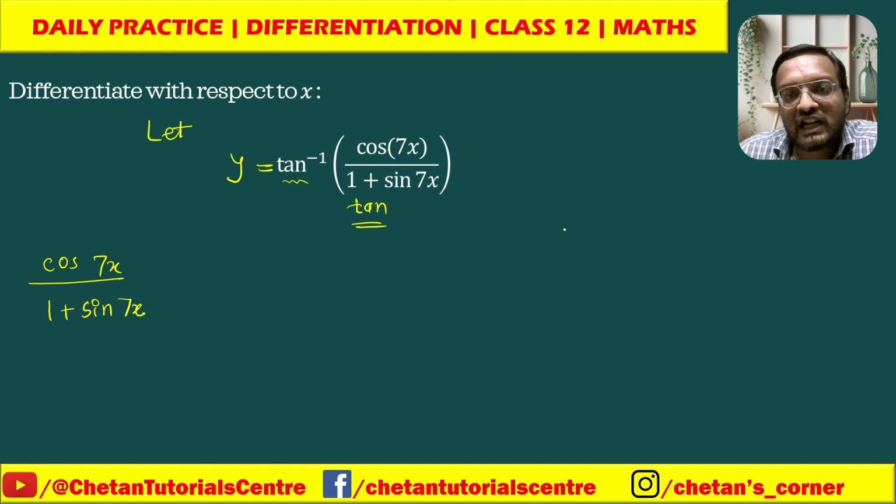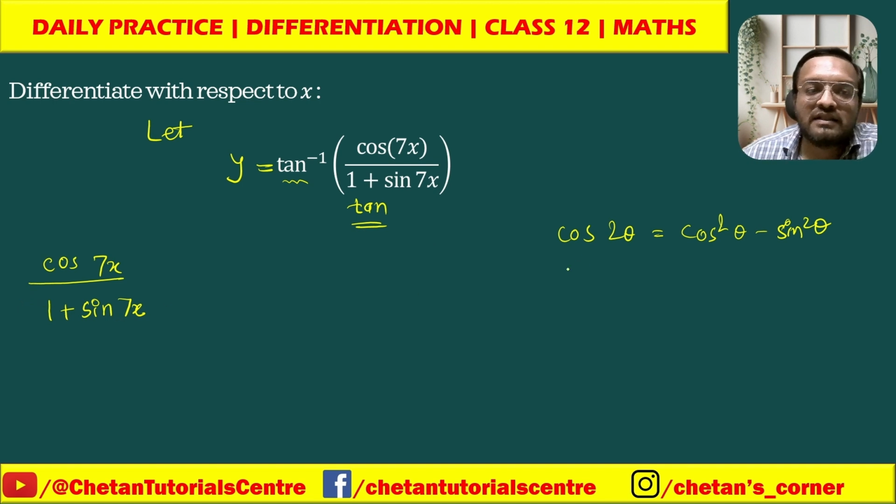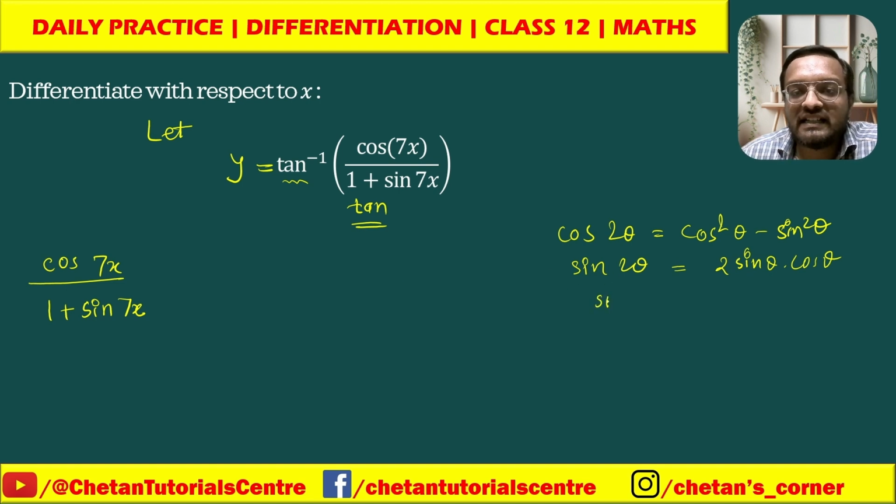Then I will use the formula cos 2 theta is equal to cos square theta minus sin square theta, and to simplify this 1 plus sin 7x, I will use the formula sin 2 theta is equal to 2 sin theta into cos theta, and to expand this 1 I will use the identity sin square theta plus cos square theta is equal to 1.